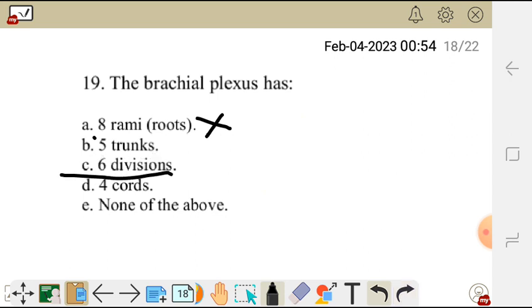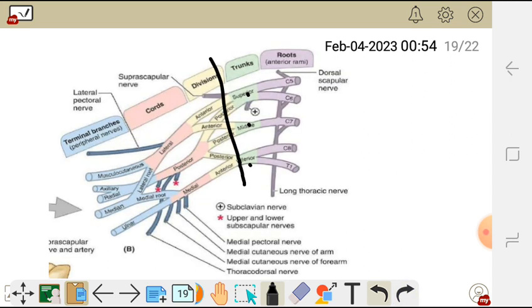So let's count the divisions. The divisions are these which take place there. When you count, you find that we have 3 anterior divisions, 1, 2, and 3, and another 3 posterior divisions, 1, 2, and 3.